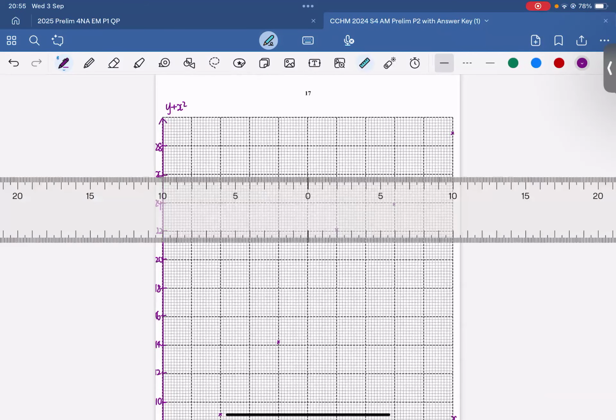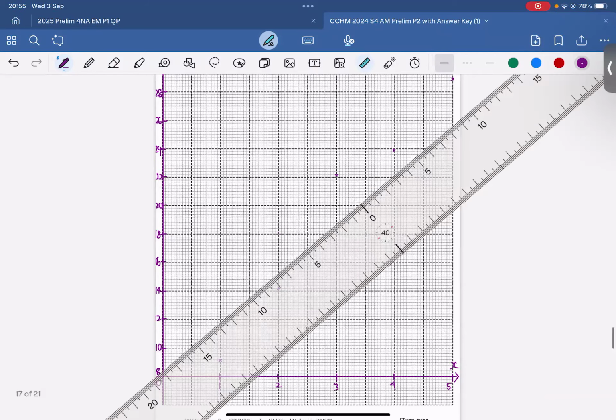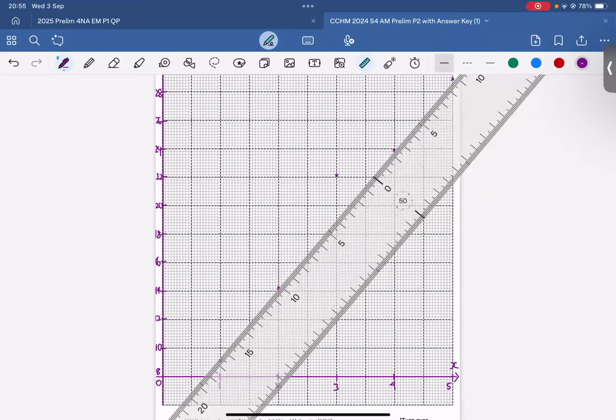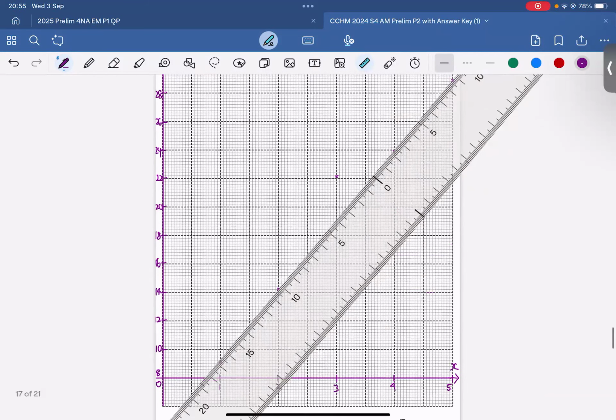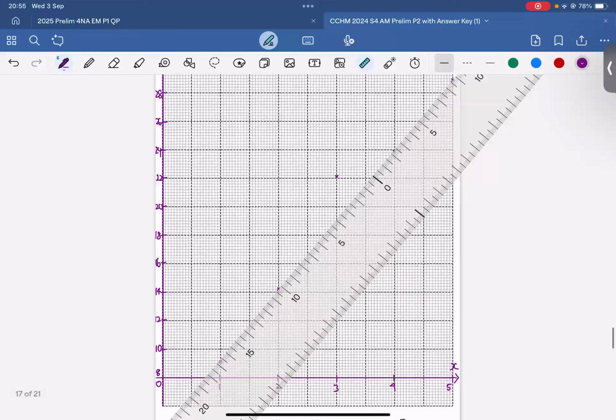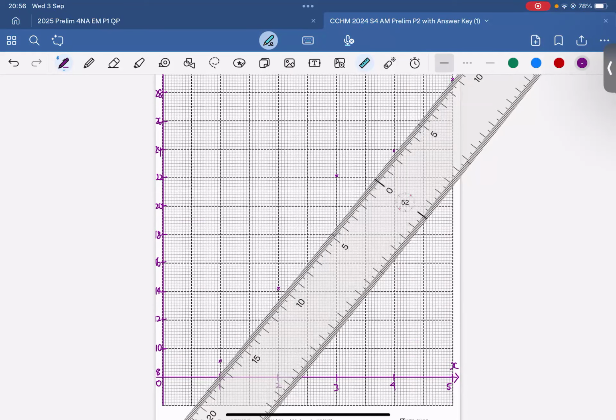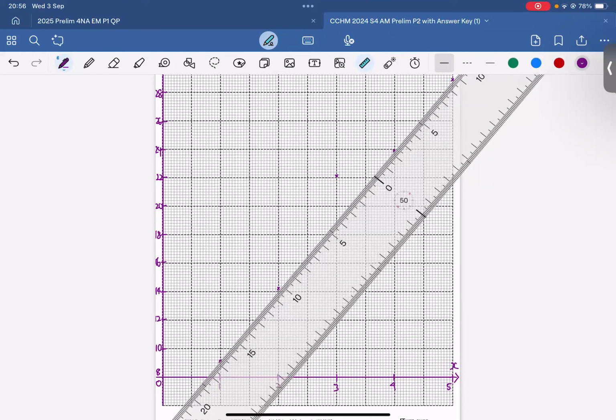Okay, use a ruler. Okay, I'm trying to adjust my ruler. So use a ruler, join.